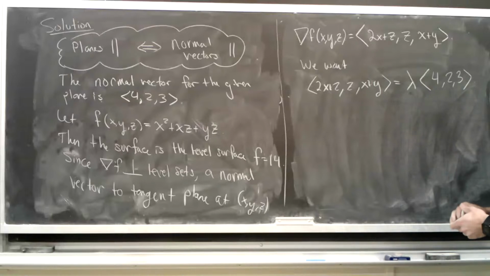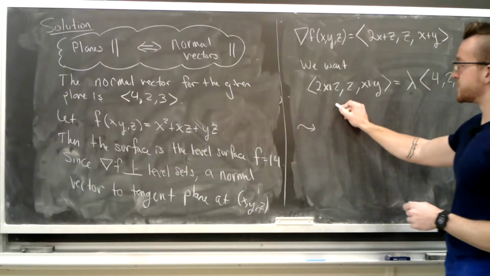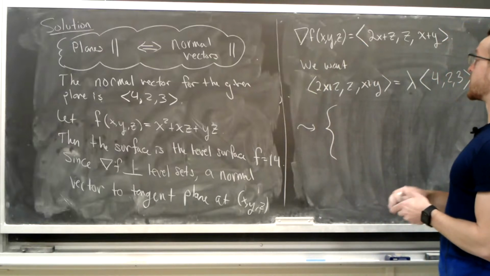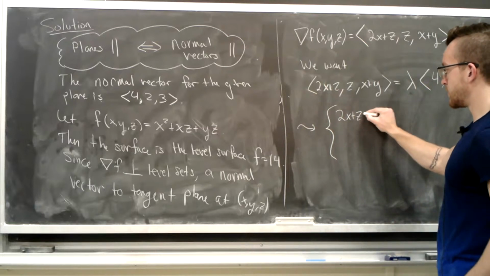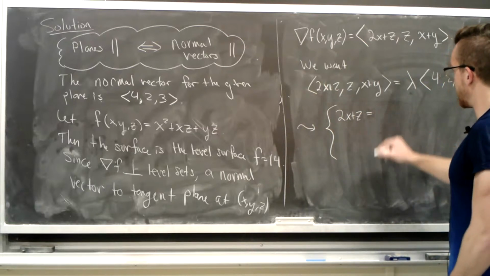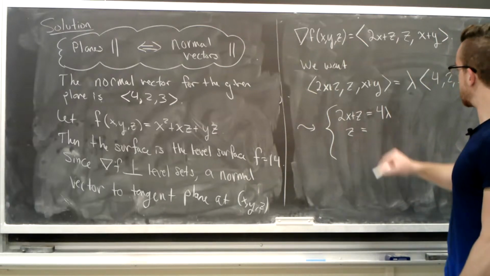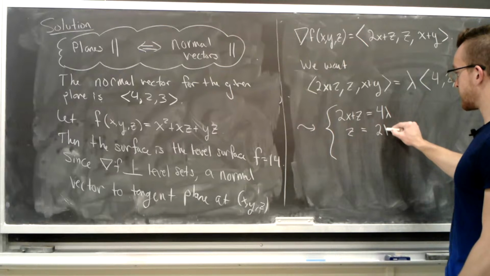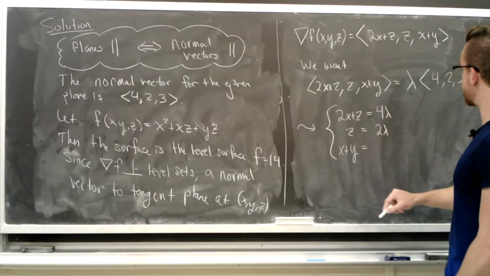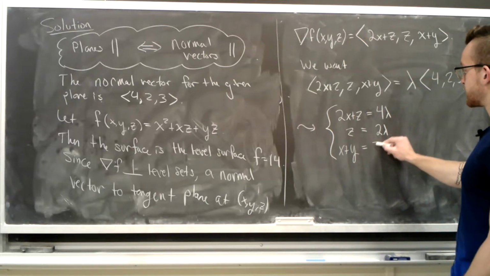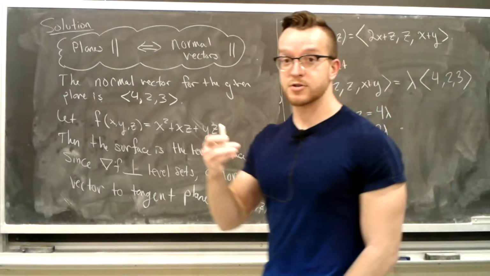Then as usual, once we match up components, this just turns into an algebraic system of equations. I'll get 2x + z = 4λ, z = 2λ, and x + y = 3λ. That'll be the system of equations that we have to solve.